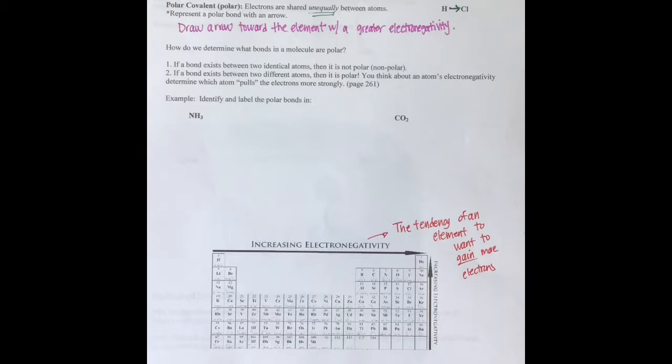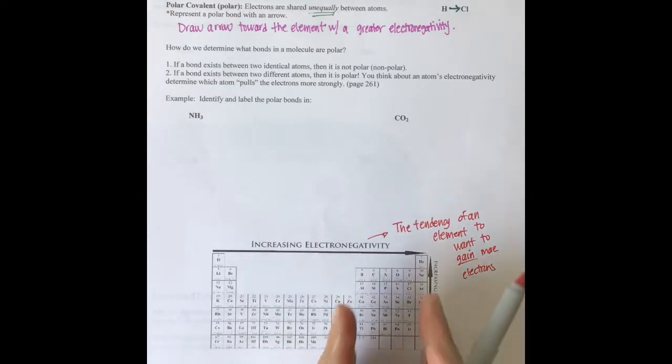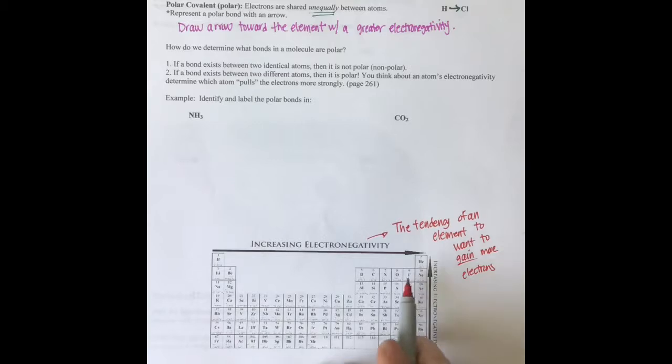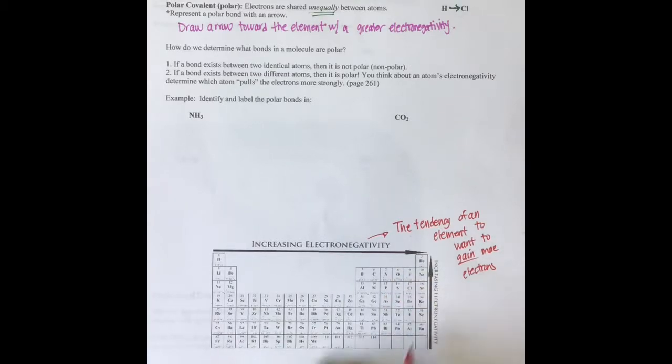The tendency of an element to want to gain more electrons. Okay, notice that towards the right and towards the top of the periodic table, these elements have a high electronegativity.